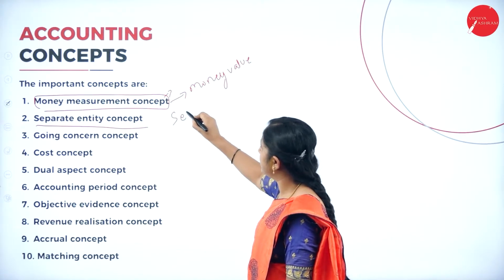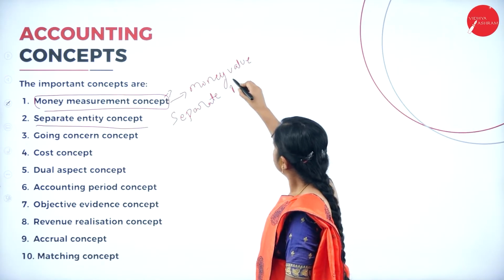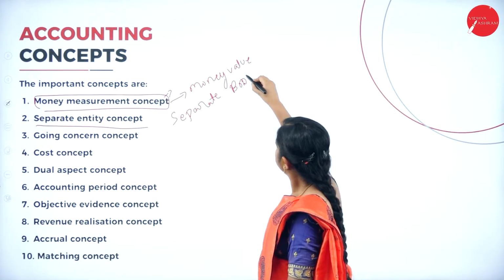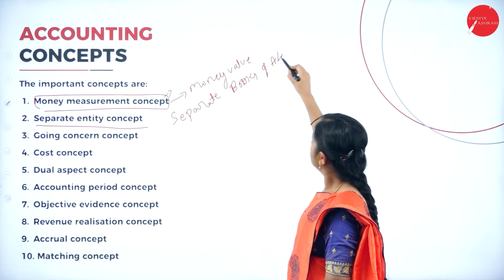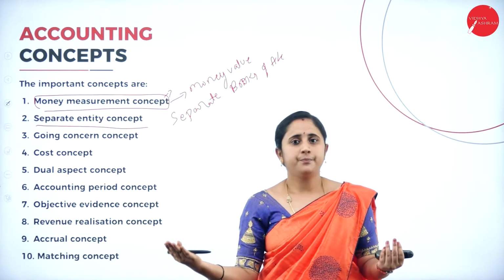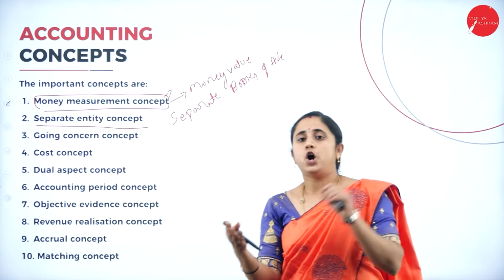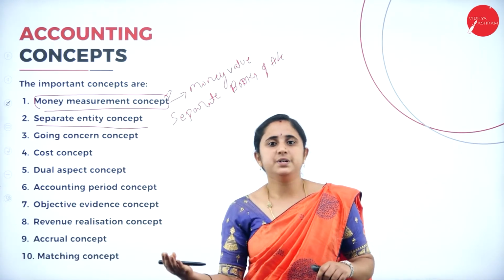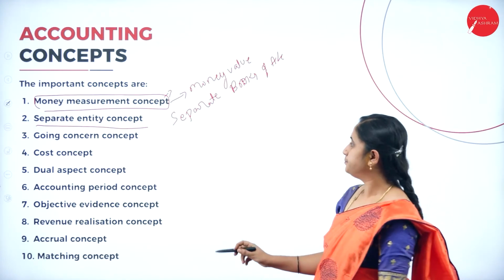You should maintain separate books of account for both the proprietor as well as the business. So, entries of the proprietor will not affect the business and the business transactions will not affect the proprietor.